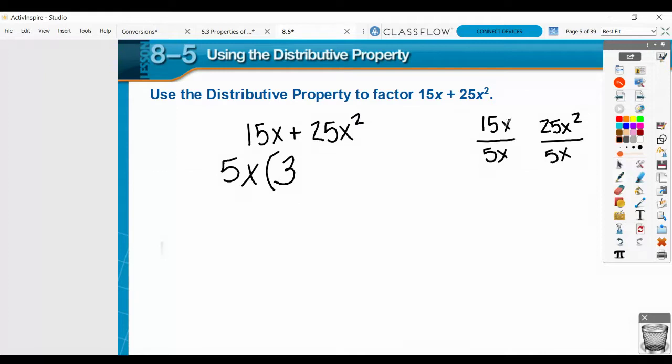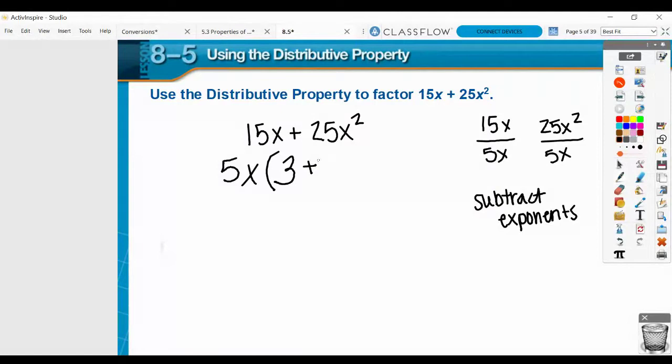And then x divided by x, speaking of exponent rules, you're going to subtract the exponents. So if you have 1x and you're taking away an x, you don't have any left.